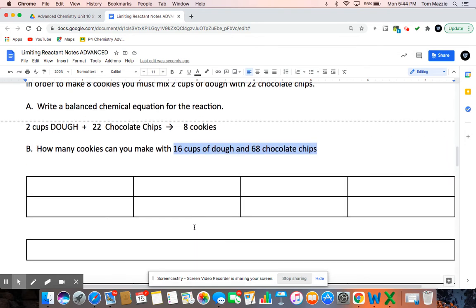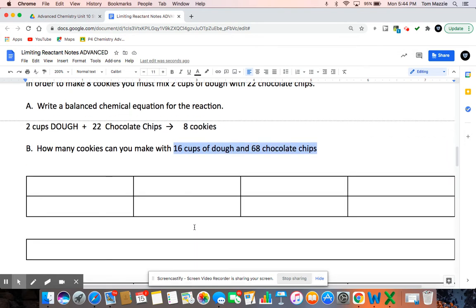Notice that we are not given one piece of information, we're given two pieces of information. So in my first conversion, I'm going to take 16 cups of dough. And again, we want to convert dough into a product. The only product here is cookies, so we're going to convert dough into cookies. If dough is on top of my fraction, we're going to need dough on the bottom, and in the equation we have 2 cups of dough.